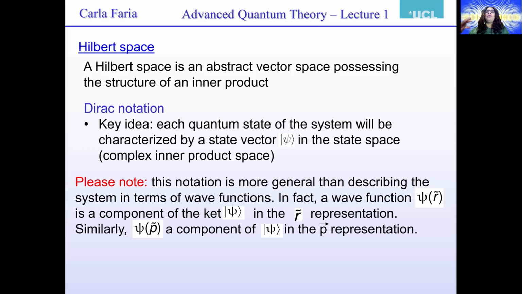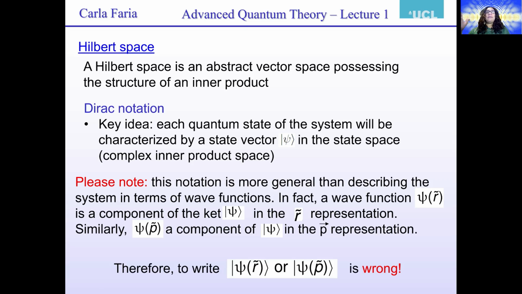And if you would say that you would have something like that, that's what precisely would be doing. I've seen this a lot. And I would like to call your attention that this is simply not correct. This is wrong. We're going to see later on why you cannot write ket psi r or ket psi p. But the key idea is that a ket is something more general than that.